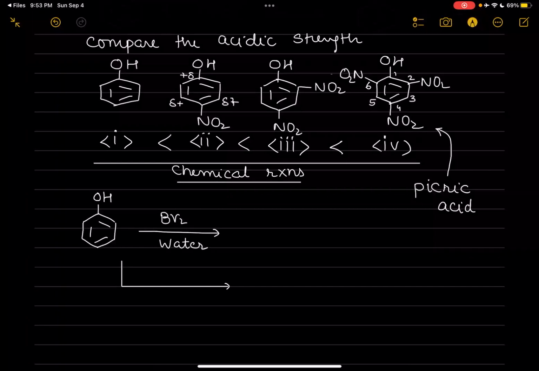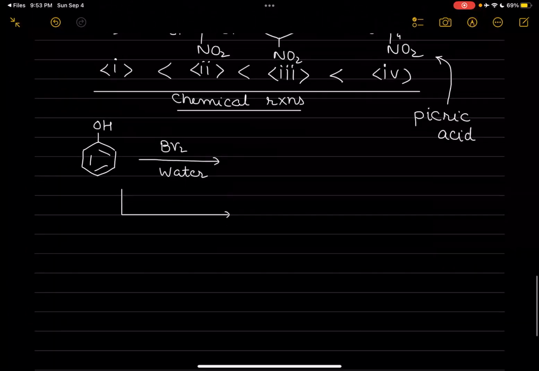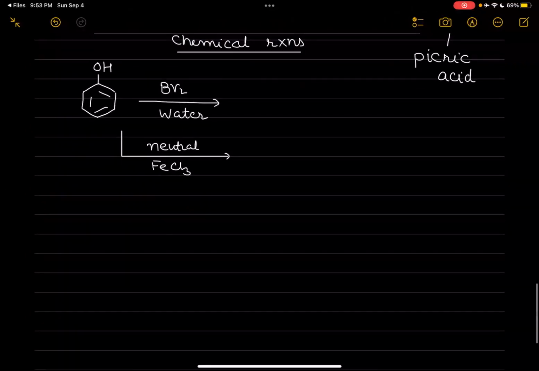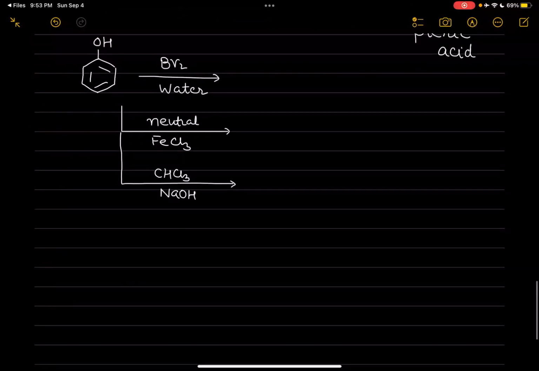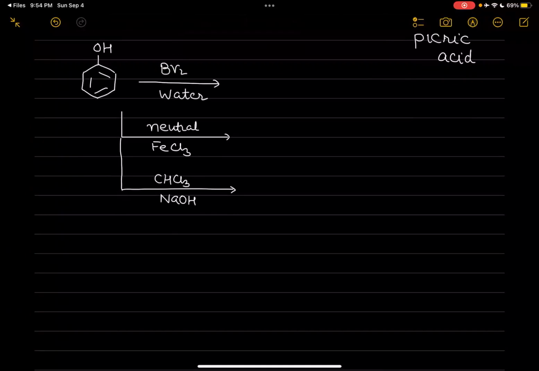And what are the chemical reactions which are given by phenol? We can react it with Br2. We can react it with neutral FeCl3. So these are the important reactions of phenol.